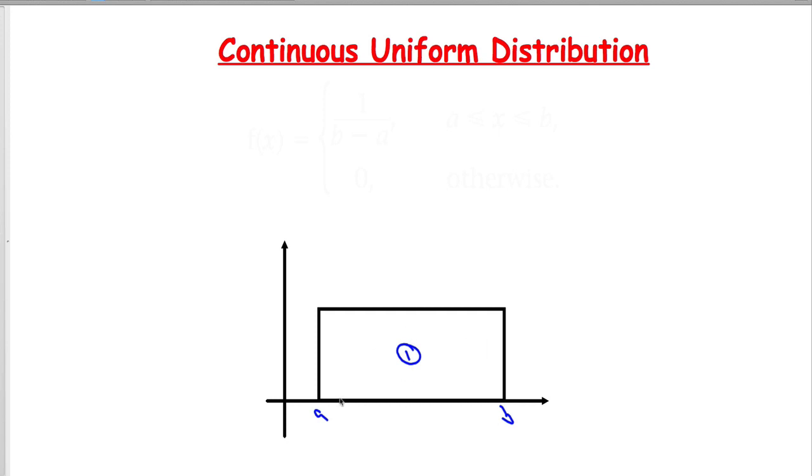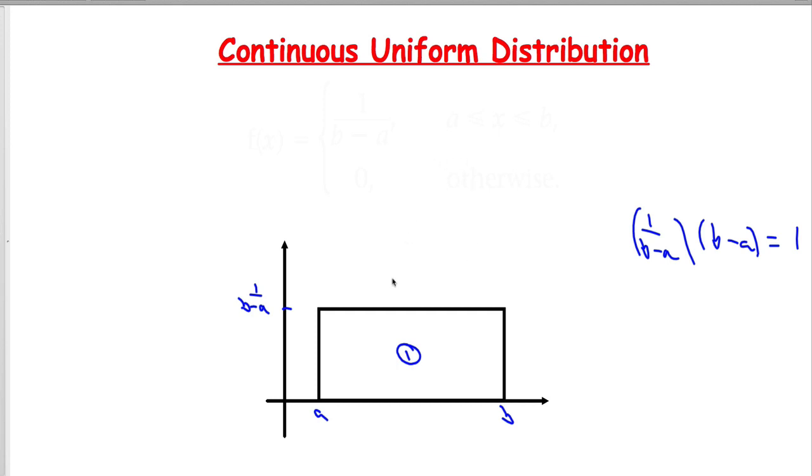Well, the area of the rectangle must be calculated by doing the length times the width, and the length in this case will be b minus a. And in order to make the area of this whole rectangle equal 1, this height is going to have to be 1 over b minus a, because 1 over b minus a multiplied by b minus a will equal 1.